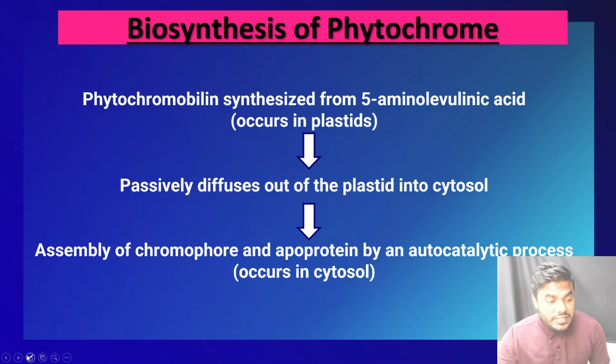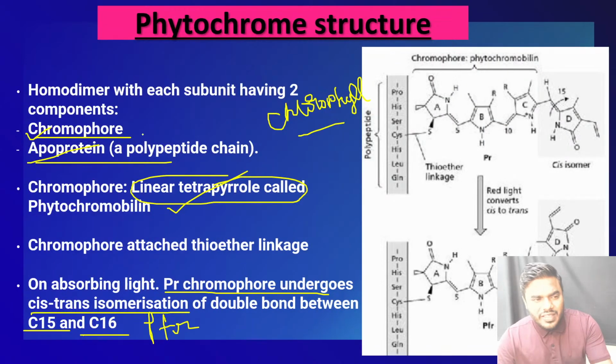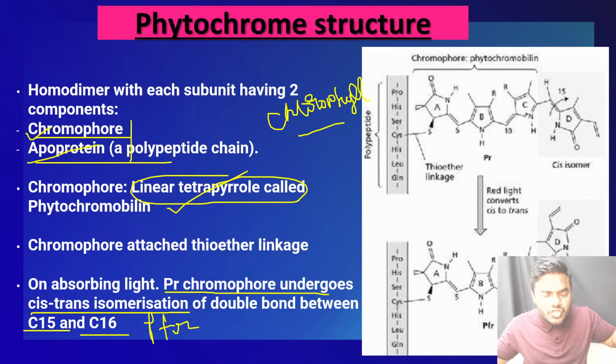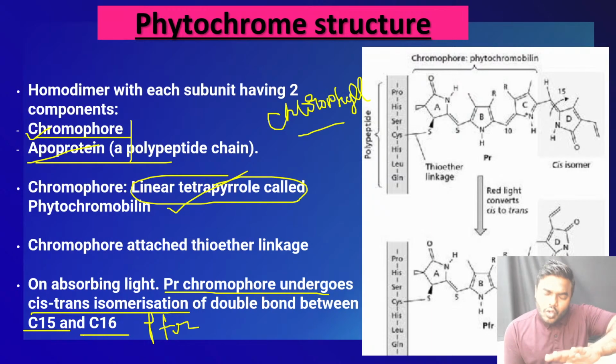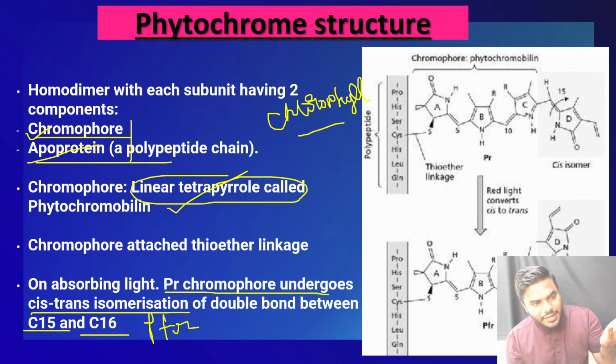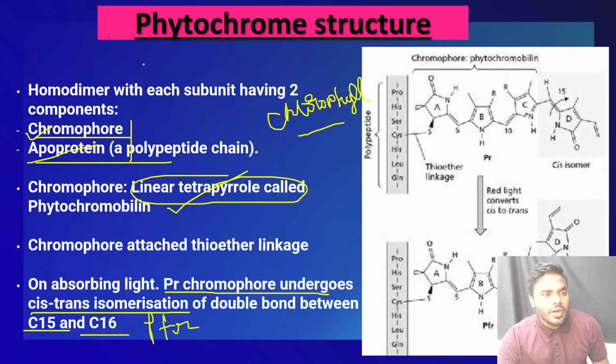Now, friends, how is phytochrome synthesized? You should not get confused. Don't think that chromophore and apoprotein join together immediately and synthesize the phytochrome. That is a wrong statement. Listen to my words carefully. The chromophore is synthesized separately. The apoprotein is also synthesized separately. But the chromophore and apoprotein join together and only then do they give rise to the phytochrome.